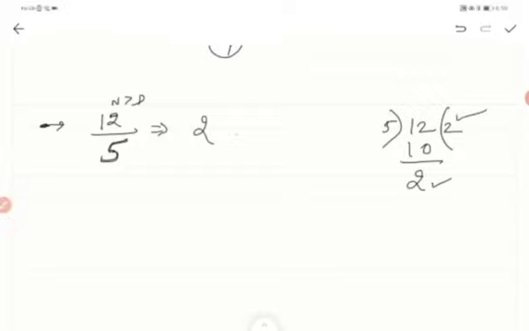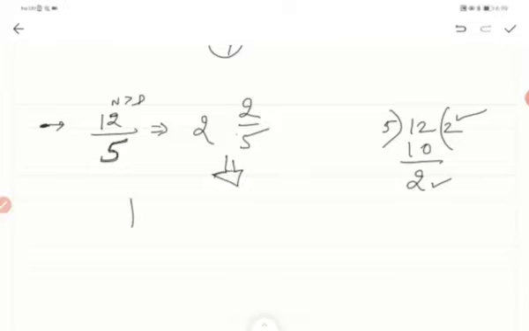To plot this, I will first convert it into a mixed fraction. Divide it: 5 twos are 10, remainder is 2. So your mixed fraction will be 2 and 2 by 5.